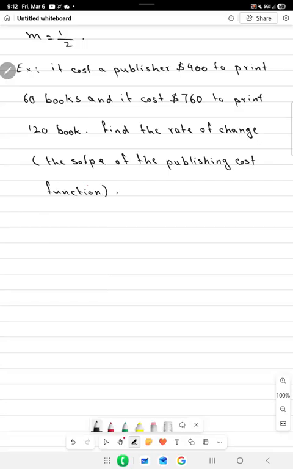It means we are looking for the slope. Assuming it is a linear function.